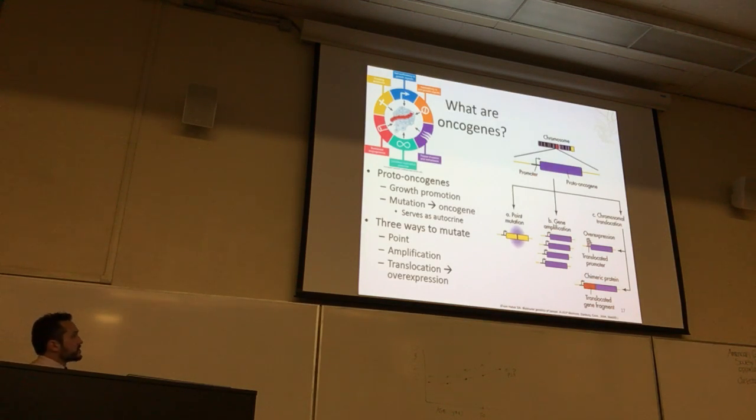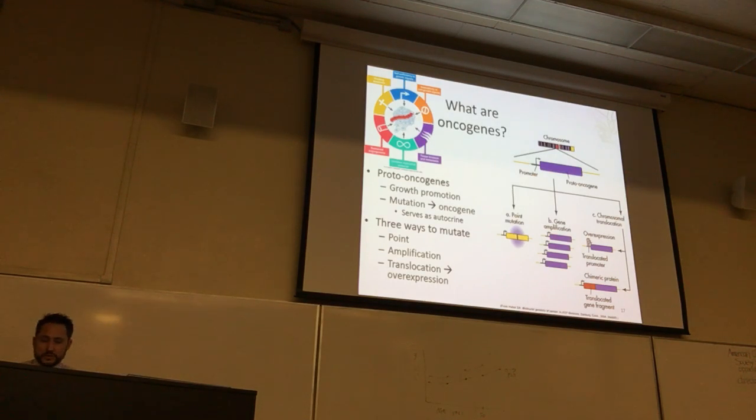And then the last one is chromosomal translocation, where typically you're going to move a promoter into the front location before the DNA is actually transcribed. That translocation of genetic information causes it to be always on. So very similar to a point mutation, but you're moving a promoter region up front. You're not having a mutation in a single base pair.